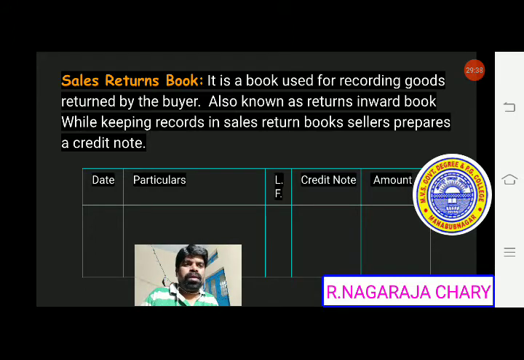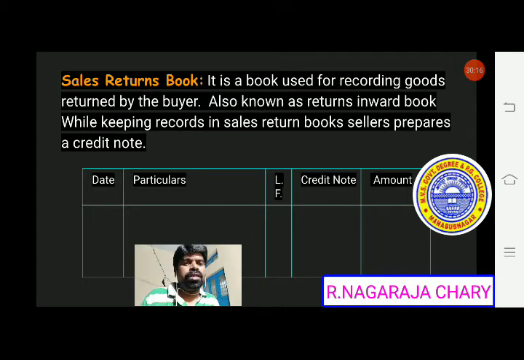So far we have learned the purchase book, sales book, purchase returns book and the sales returns book. These are the 4 books. The first 2 books, purchase book and sales book, record information on credit basis only. The next ones, purchase and sales returns, record goods we earlier purchased or sold on credit.